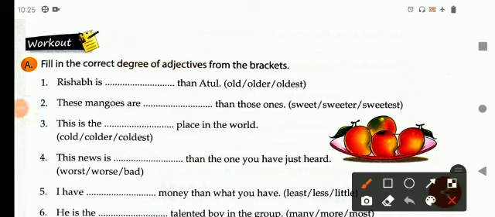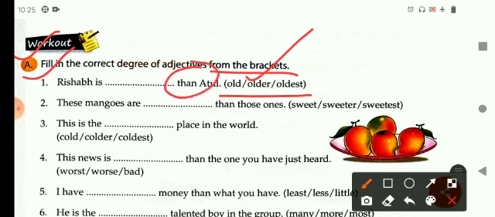Now children, it's time to do some exercises. Your exercise A is fill in the correct degrees of adjectives from the bracket. You have 3 options. The first statement is Rishabh is dash, than Atul. So, the correct degree is older, ER form, because we know that comparative degree is always followed by than.